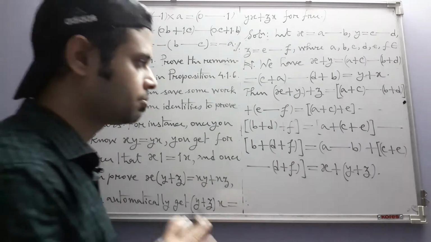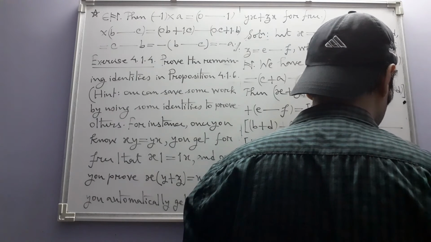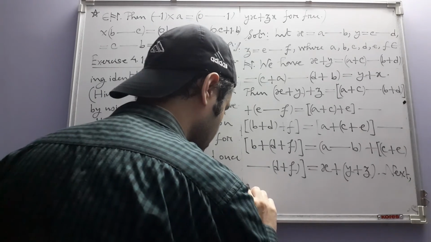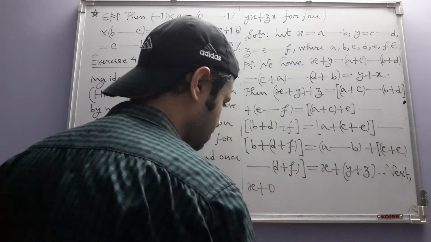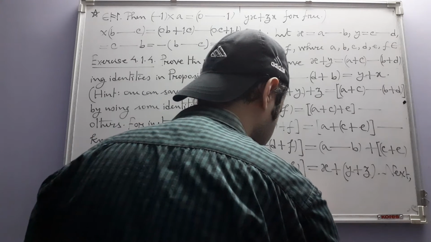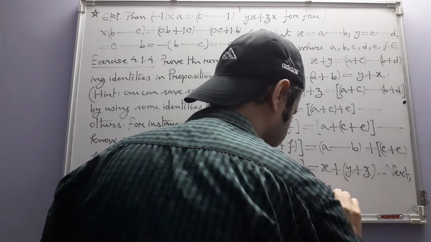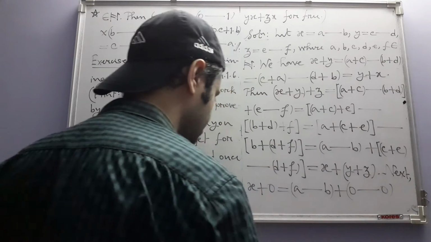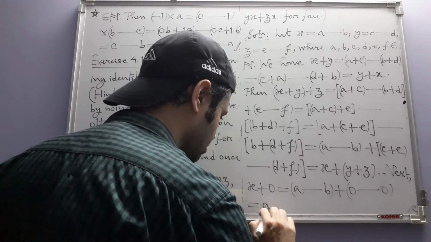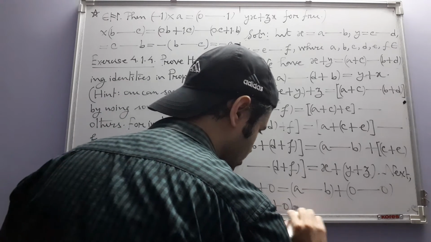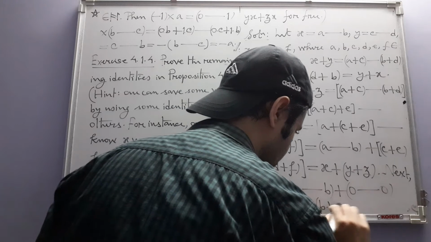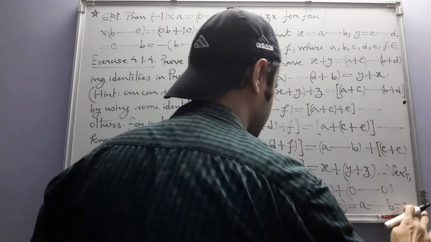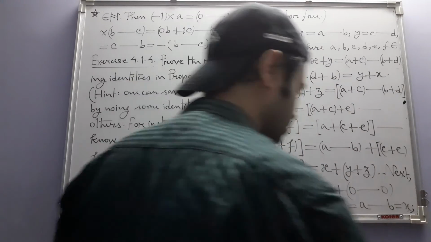So addition of integers has now been proven to be associative. Next, x plus 0 is equal to a dash b plus 0, which is by definition 0 dash 0, so this is equal to a plus 0 dash b plus 0, which is again a dash b, which is equal to x.